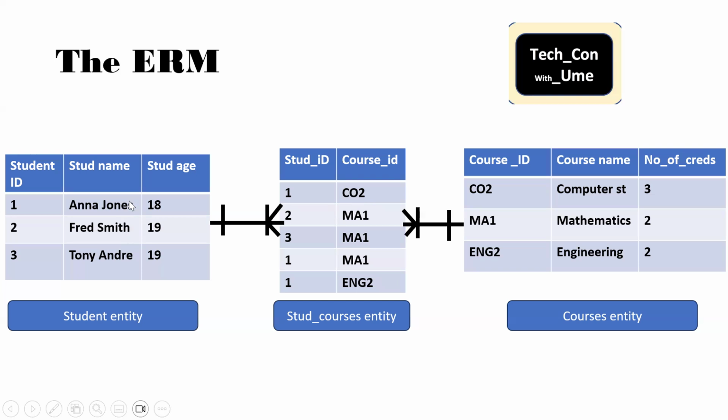So in this instance, if Anna Jones got married, as had been suggested previously, and her name is changed to Anna Law, we will make that change just once, as opposed to having many replications of Anna Law in the student table. So that deals with redundancy, and as such improves our chances of maintaining integrity.